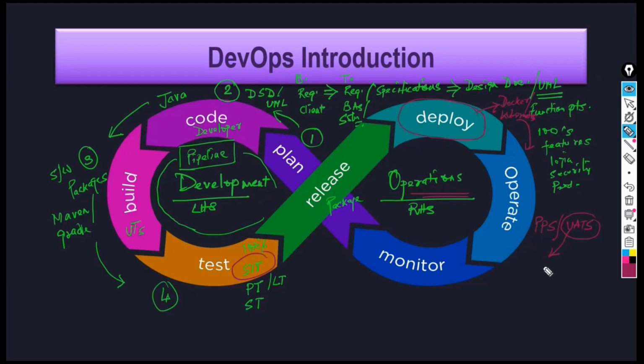The user is no other than the person who is your client, who has given you the business requirement. So the client is now going to test. Here the client is not testing. Here the vendor is testing. Vendor means who is developing the software.